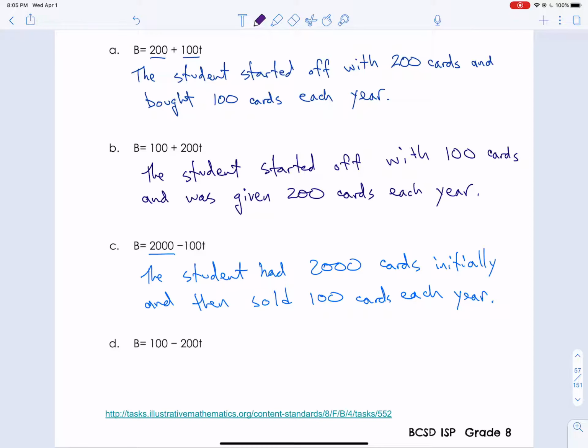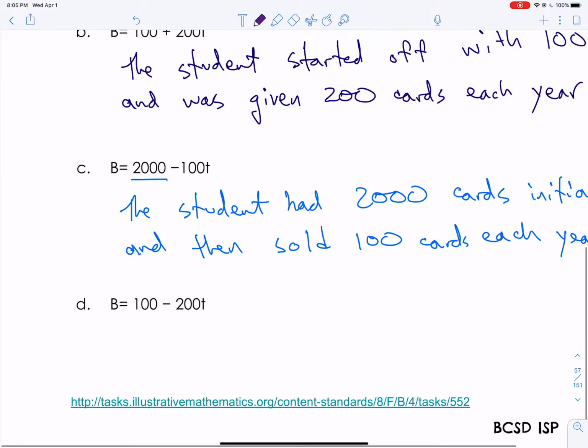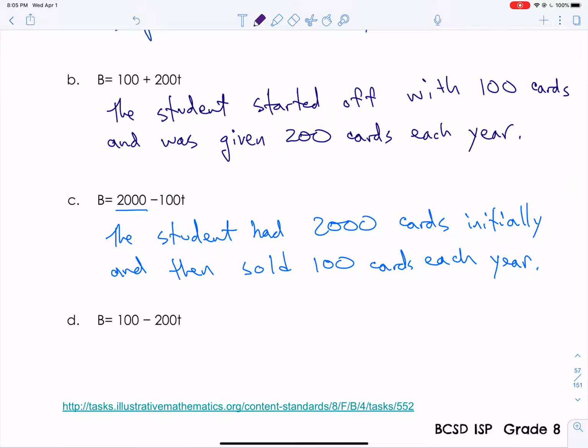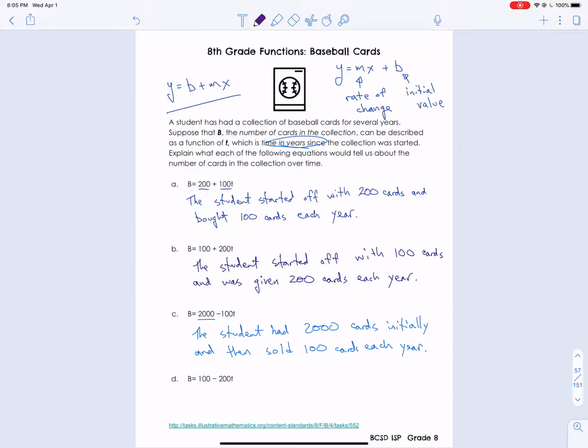Okay, and the last one. Start off with 100 and sold 200 each year. So let's just think about that. Is that even possible? So if you have 100 cards and you're selling 200 or giving away or losing 200, can you even lose 200 cards if you only have 100?